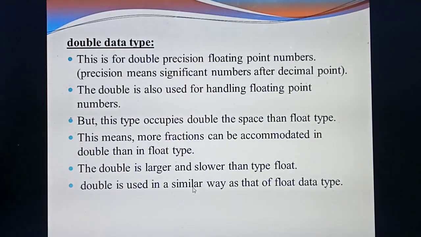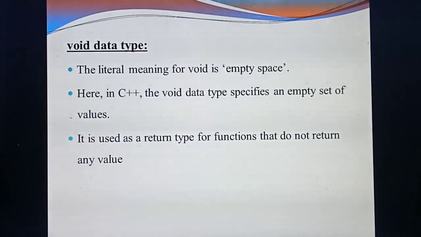This double data type also comes under float data type, but it will occupy double the space of the float data type. It is very large, but the performance is slower than other data types. Understood? Okay.